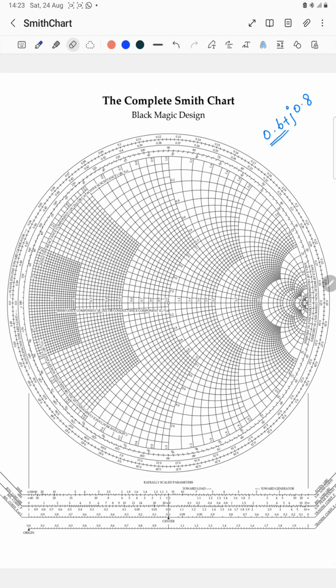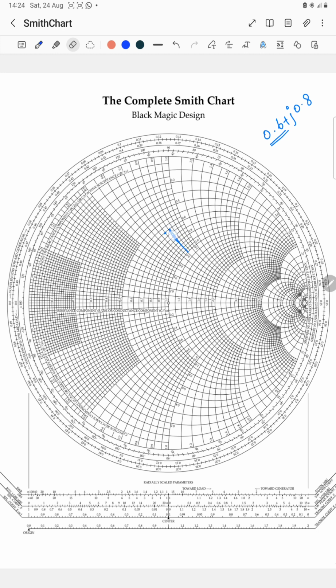On this 0.6 we should find 0.8. This is the reactance circle, so here 0.8 and here 0.6. This is the point.